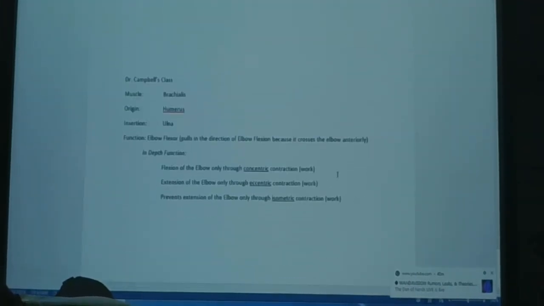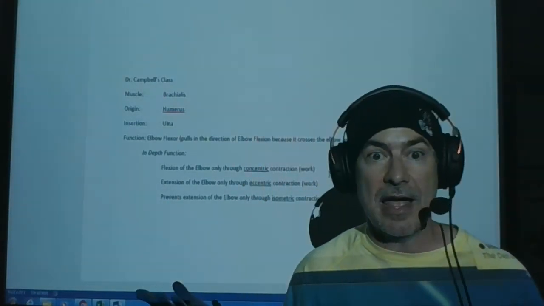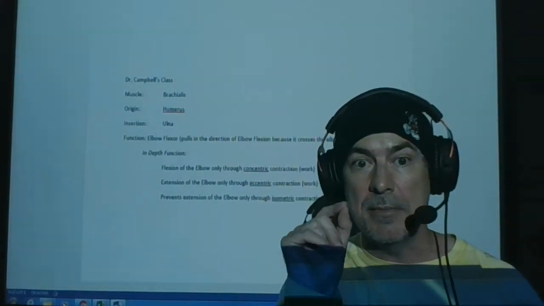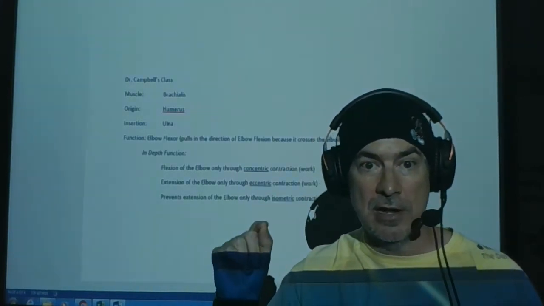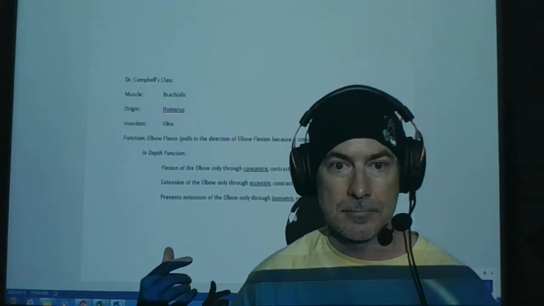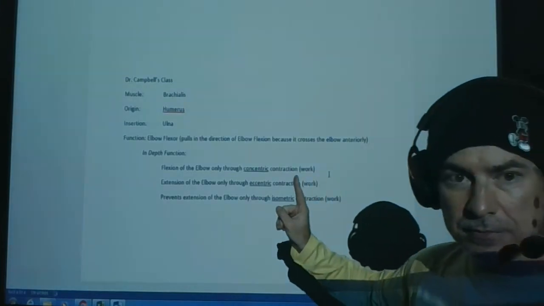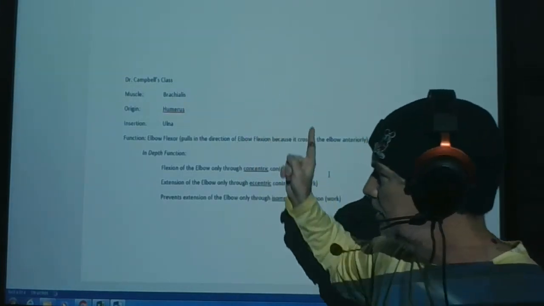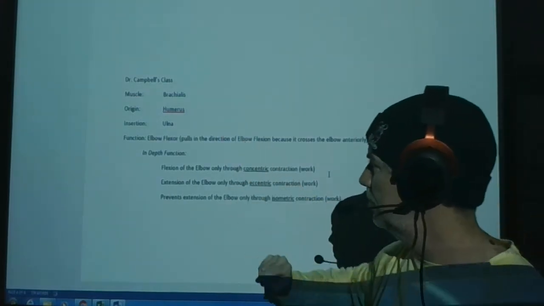All right, so this is how we are going to learn muscle function, action. You could still say action, but I want you to know what that really means. I want you to understand that action means function, that you can have Newton's third law and have no motion. Force, counterforce, okay?